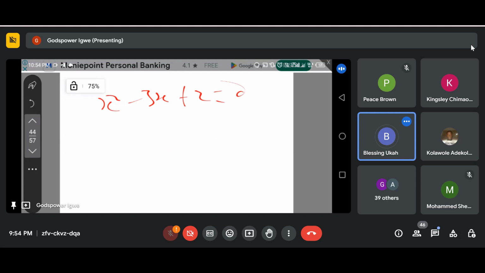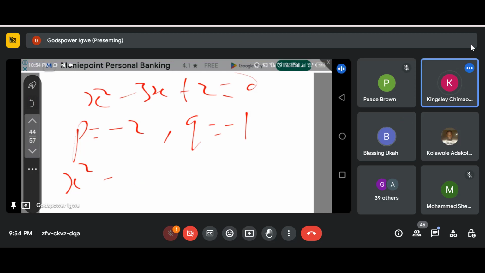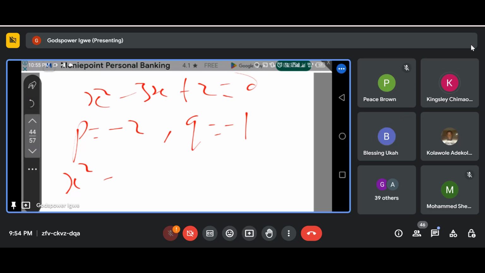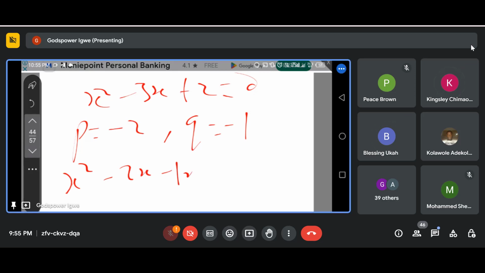All right. So now we said P is -2, and Q is -1. If you check that, it's going to be x squared, then -3x, minus 2x minus 1, minus x plus 2 equal to 0.